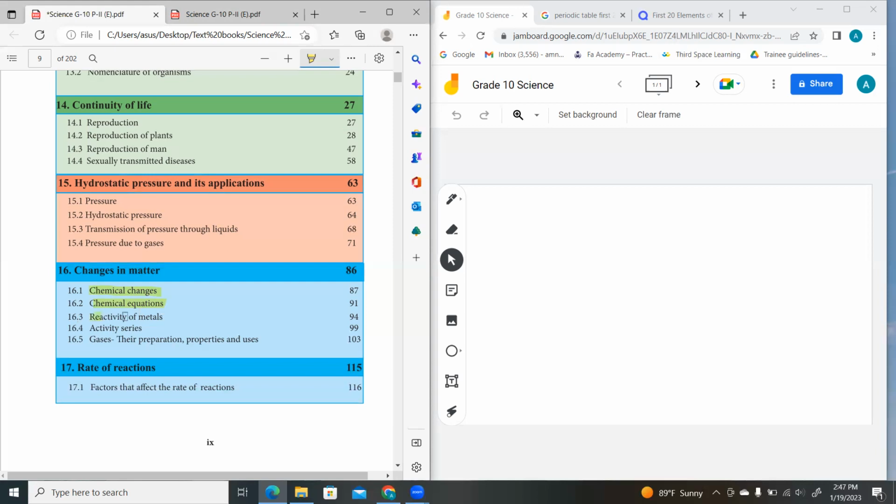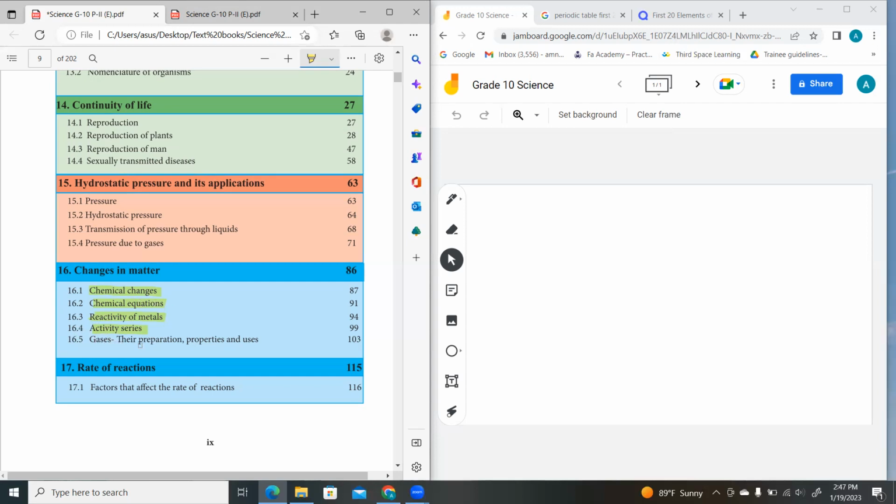Then the next one is reactivity of metals, how a metal reacts with different substances, like the reaction with oxygen, then water, and etc. Next, you will be looking at the activity series. First, we have to learn that in order to go with chemical equations, right? So I'll teach you all that part.